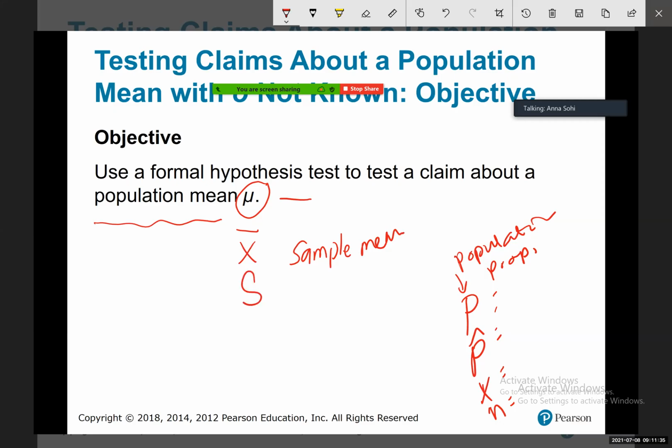We may need s, the standard deviation, and n, the sample size. But population proportion was our lesson for 8.1 and 8.2. 8.1 was more general, maybe 8.2.